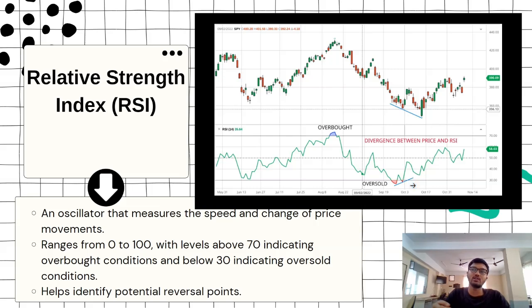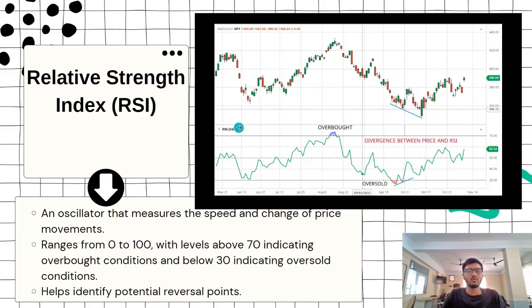If something is oversold, the selling took place so sharply that the price momentum happens in such a way that the particular stock may be undervalued. You can just see undervalued or overvalued defined by RSI.